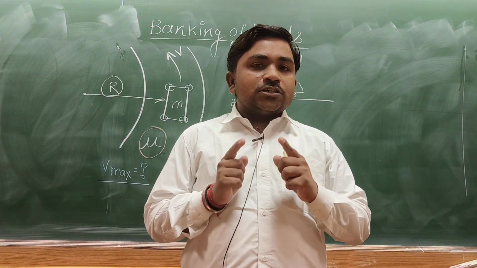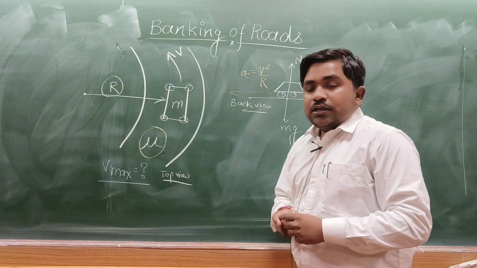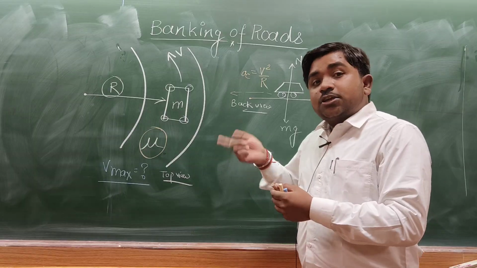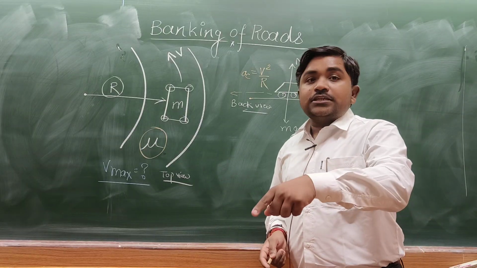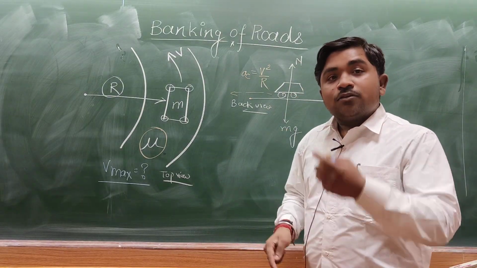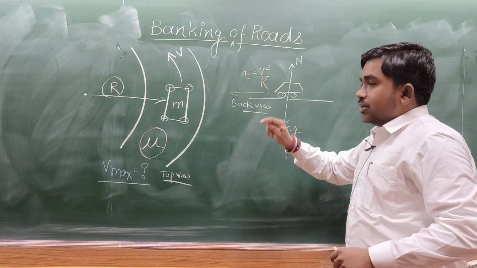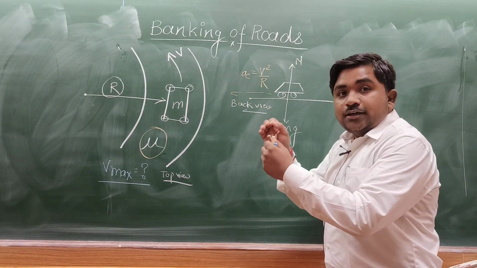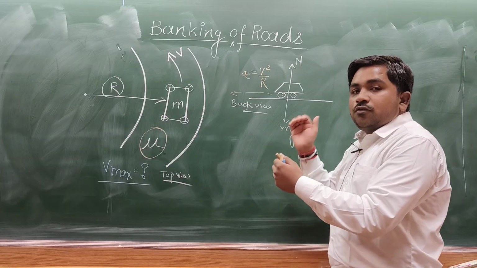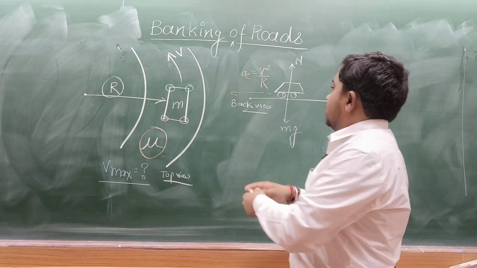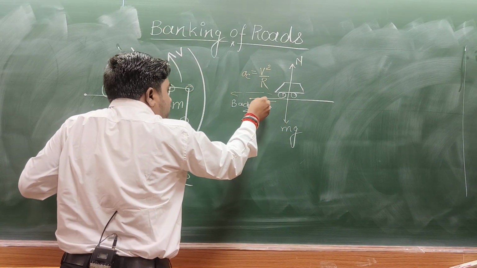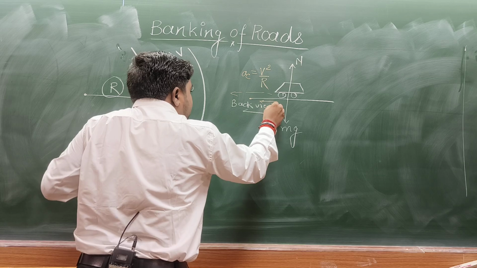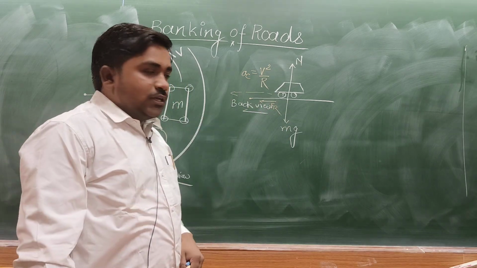And static friction, we know that it will act that much, how much it is needed, and in the direction where it is needed. Now here, since the acceleration is along the center, thus the static friction will also act along the center. So here the friction will be acting in this direction on the wheels.